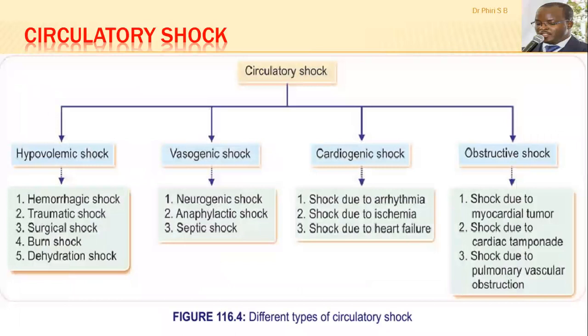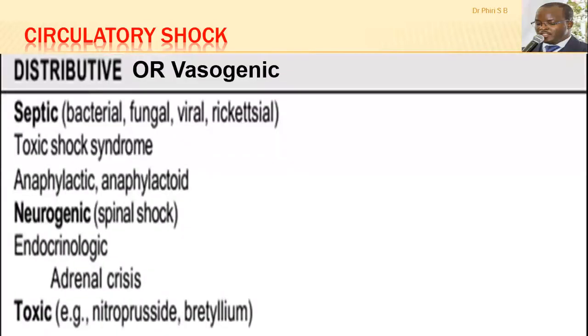Okay, so that was hypovolemic shock. Moving on to vasogenic or distributive shock. So here you have different types. You have septic due to bacterial infection, fungal, viral, or rickettsial. So these can cause septic shock.